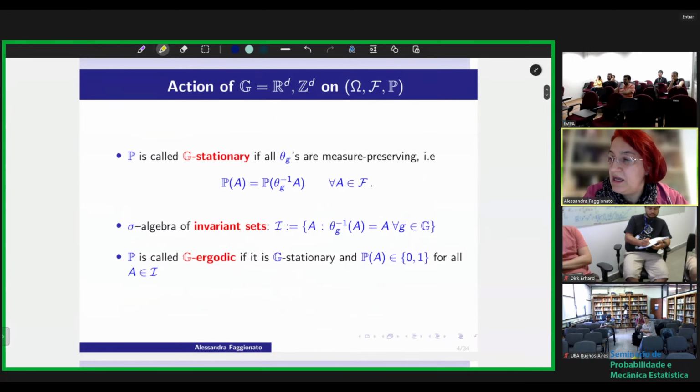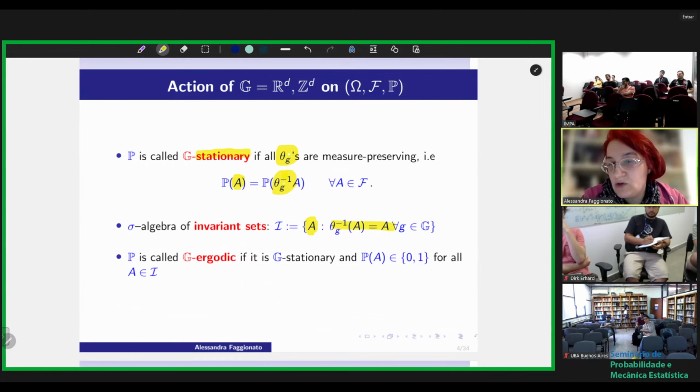And then the probability P is called stationary if each map theta_g is measure preserving, which means that for each event A, A and theta_g^{-1}(A), the inverse image of A, have the same probability. Then we can consider the invariant sets. A is invariant if it is left fixed by theta_g in that sense. The family of invariant sets is a sigma algebra.